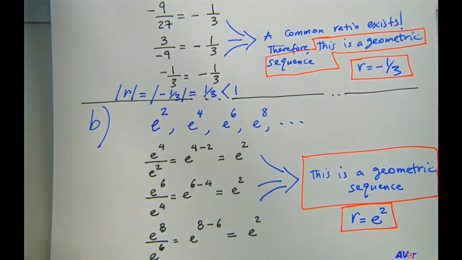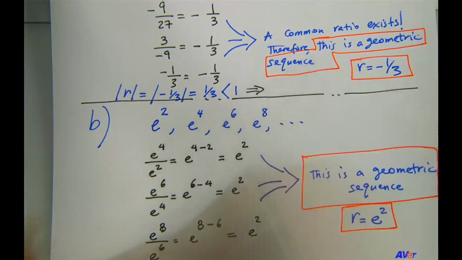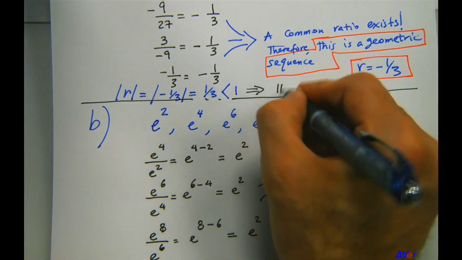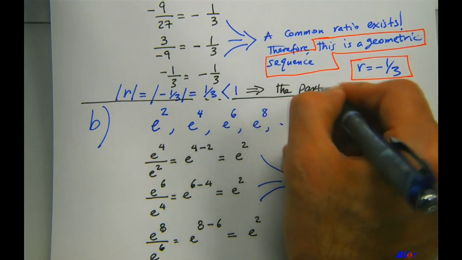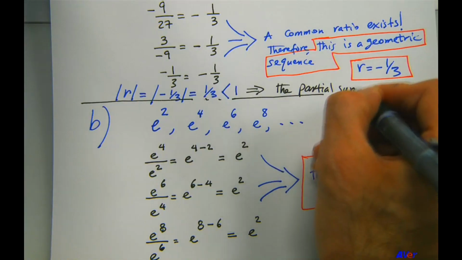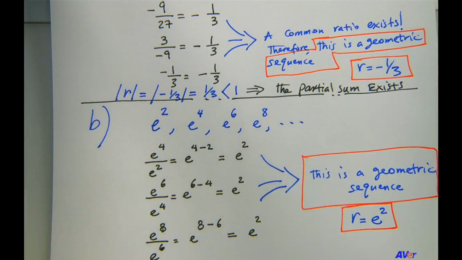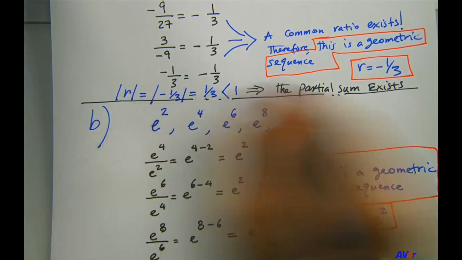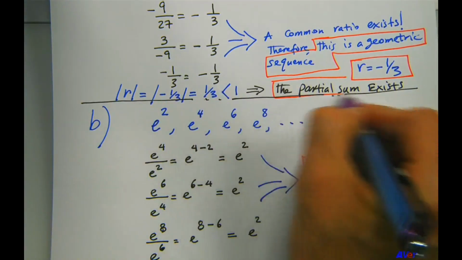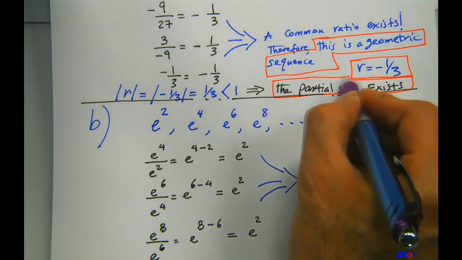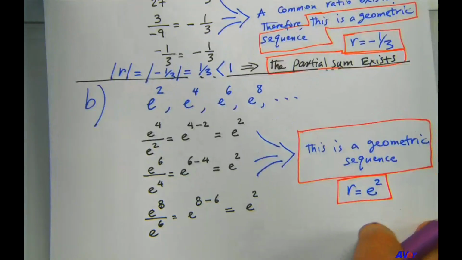It's less than 1, therefore the partial sum exists, because the absolute value of the common ratio is less than 1. So we know we can calculate the sum. It exists.